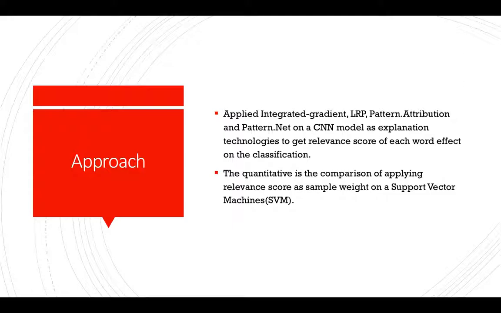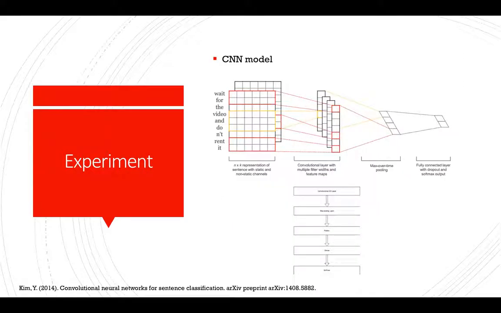So my approach in the experiment is to apply these four methods on a CNN module as explanation techniques to get a relevance score of each word's effect on the classification, and then compare them by applying this relevance score as a sample weight on a support vector machine module. First, the CNN module is shown in the picture.